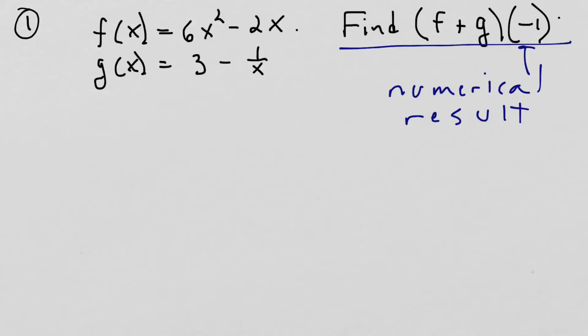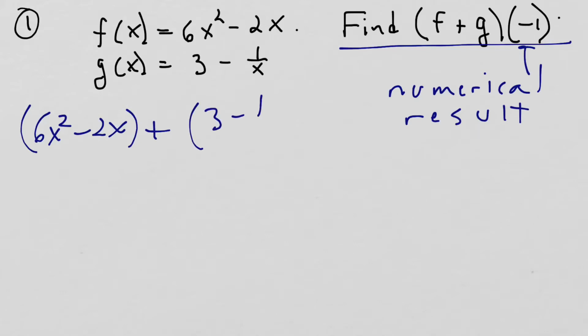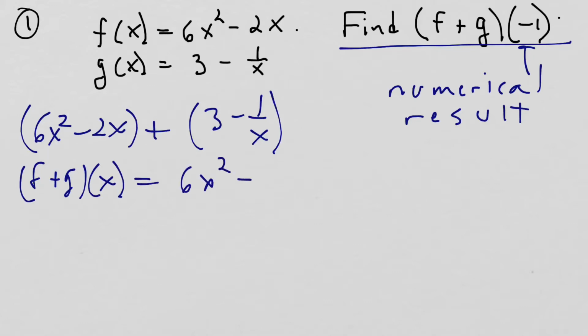Alright, so we've got f plus g here, so we've got the function f, so that would be 6x² − 2x, and we're going to add to that the function g, and we're going to get a new function, which is (f + g)(x), and that'll equal 6x² − 2x + 3 − 1/x. Now we're going to substitute −1 in wherever we have an x.